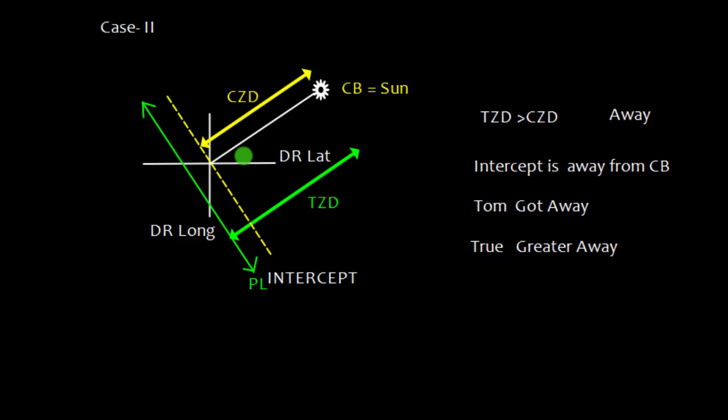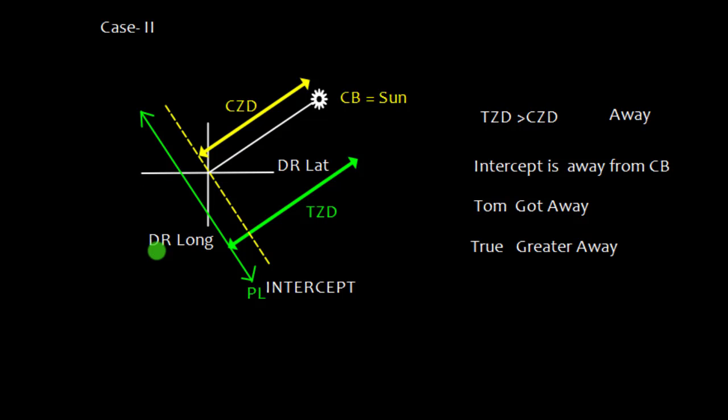Now let's have another case, and here it is as simple as that. Well, this is your DR position, DR latitude and DR longitude. In this DR position, this is the dotted line, and we are having the calculated zenith distance. But in this case, the true zenith distance is more than the calculated zenith distance.